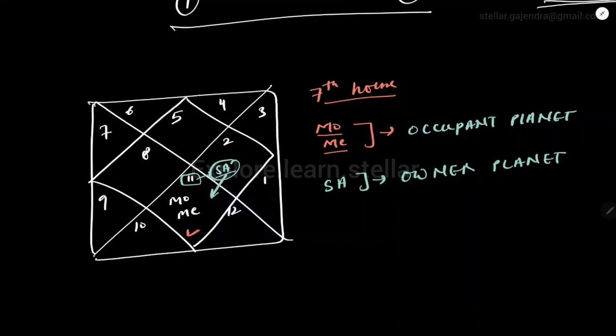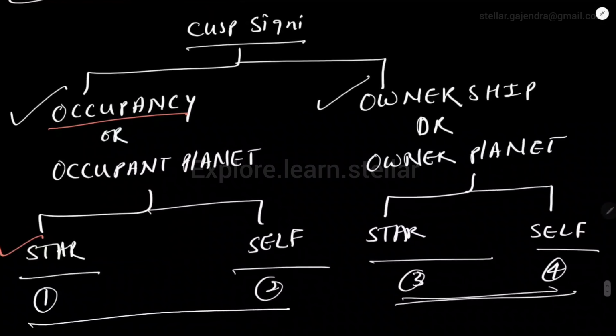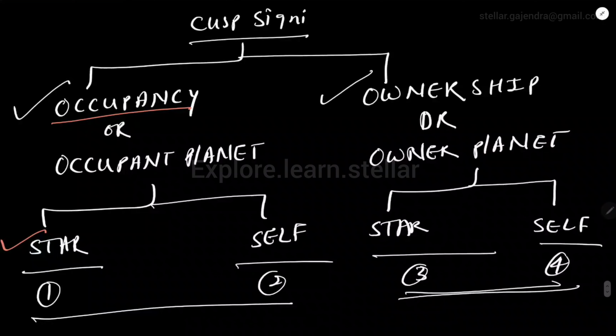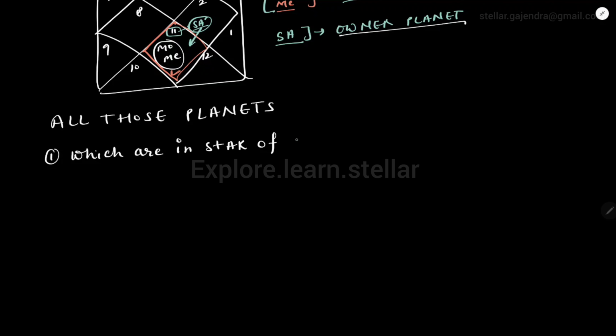So when we say the occupant's star, it means all those planets which are in the star of the occupant planet will become the significator of that particular cusp first. So let's dig down all the rules one by one and understand those correctly. The first rule is all those planets which are in the star of the occupant planet will become the cusp significator.